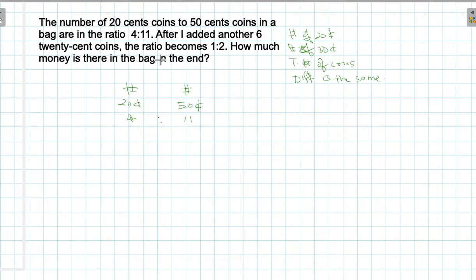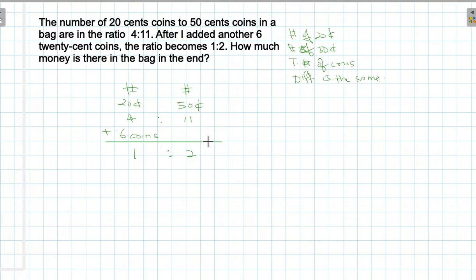This is the same until this comes in. I add 6 20-cent coins, I add 6 coins. And then it says that the ratio is 1 to 2.